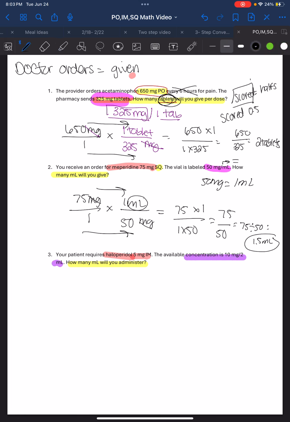Per usual, we're going to put our given, which is the order, over 1. So 5 milligrams over 1. We know we need to end up in mLs. That's our need here. So we have to cancel out milligrams. Because milligrams is on top here, we have to put it on the bottom here to cancel out. And our conversion tells us that 10 milligrams equals 2 mLs.